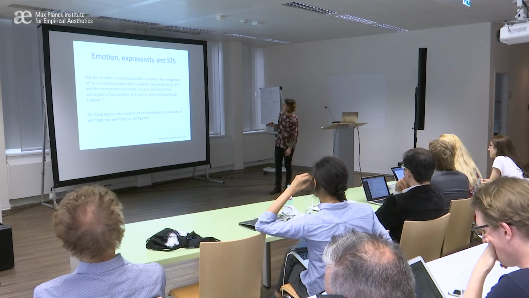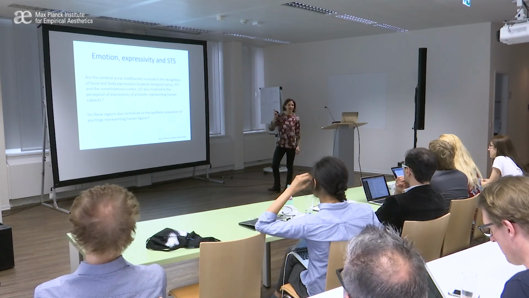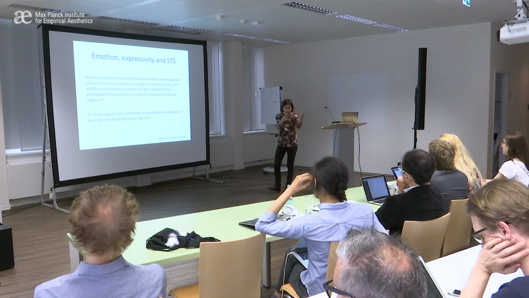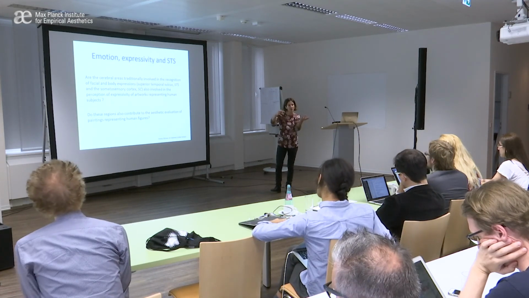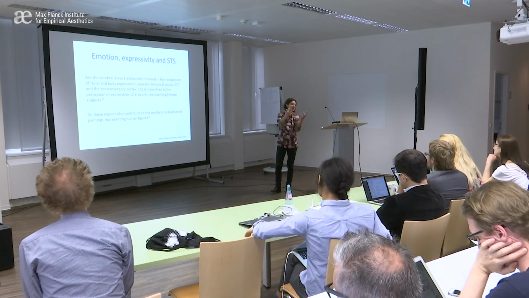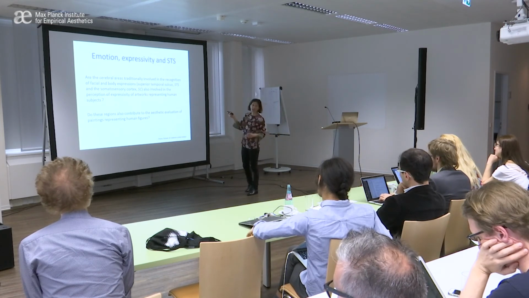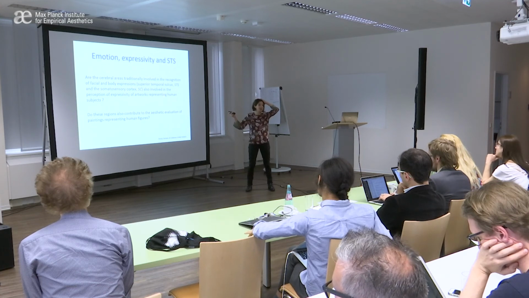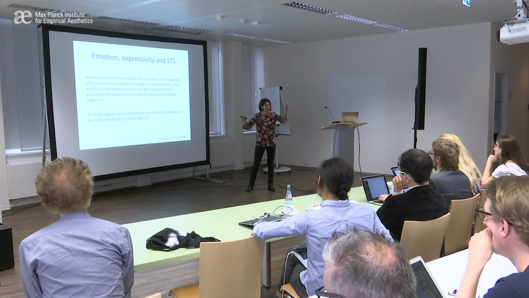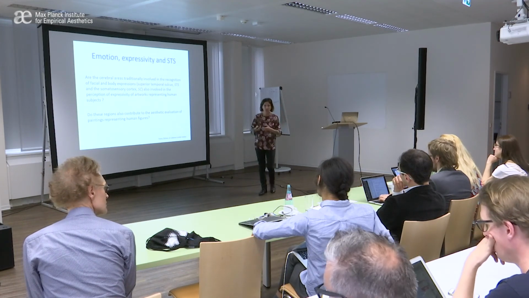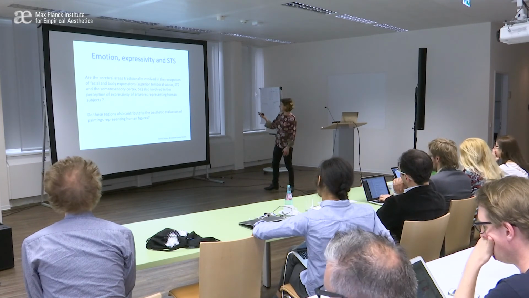So what we did with my postdoc was to look at whether the same regions that are involved in discriminating emotions when you look at real physical people are also involved when you decide about the expressivity of a portrait. The regions here are the superior temporal sulcus, a super important region in social cognition because it mediates biological motion detection and is involved in first impression formation, emotion discrimination, and mirror neurons, for those of you in the field.